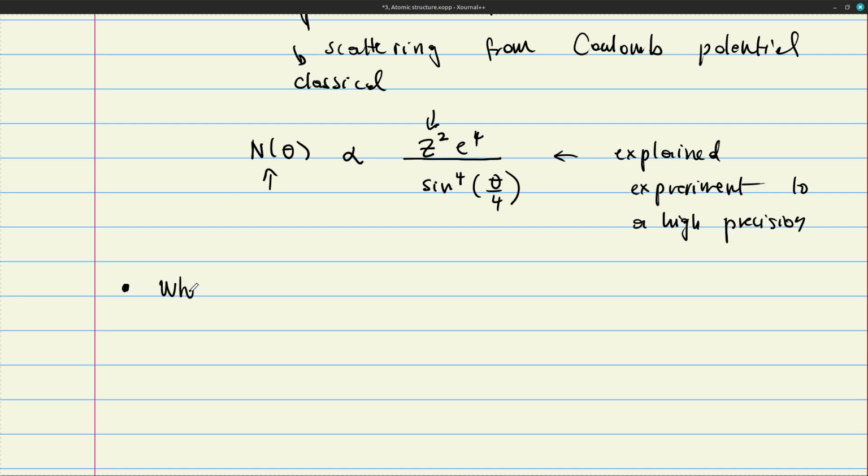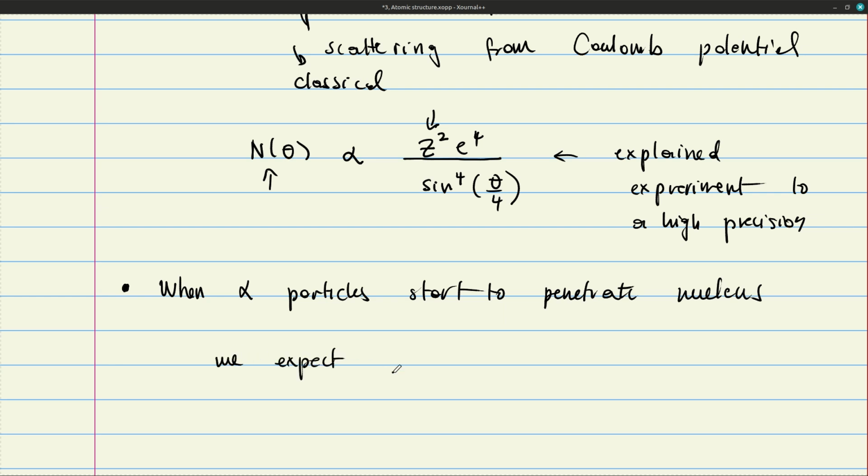So when alpha particles start to penetrate the nucleus, we expect deviations from the Rutherford formula.